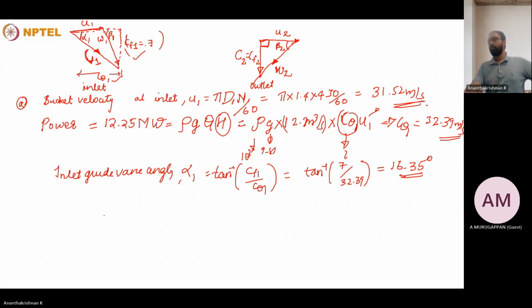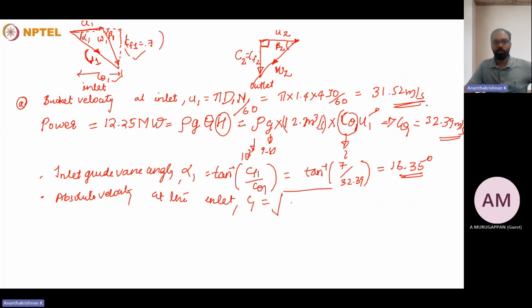And now we need to calculate the absolute velocity at the inlet, that is C1, written as the square root of its radial and tangential components: C theta 1 squared plus CF1 squared.